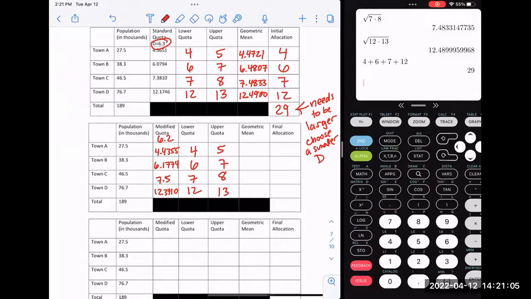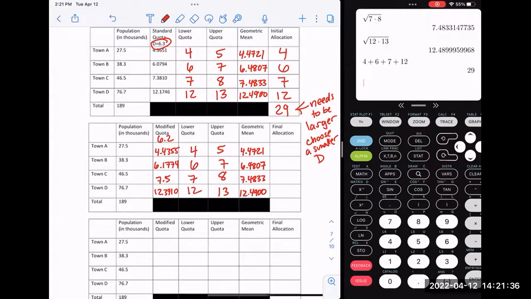So the geometric mean between 4 and 5 was 4.4721. Geometric mean between 6 and 7 was 6.4807. Geometric mean between 7 and 8 was 7.4833. And the geometric mean between 12 and 13 was 12.4900. And that'll often happen. You might have maybe 1 or 2 of them change, but a lot of them you can just copy them.